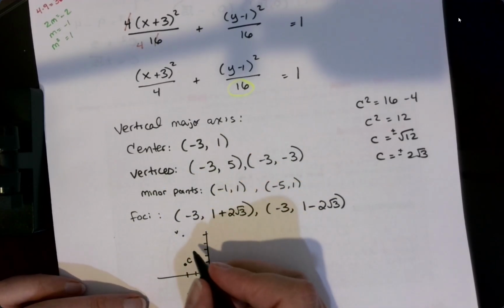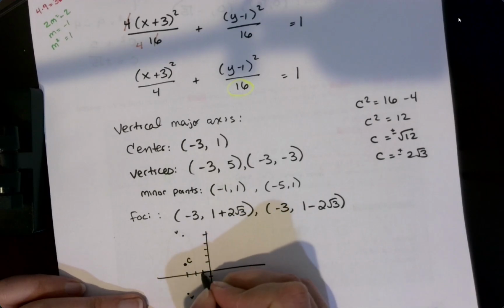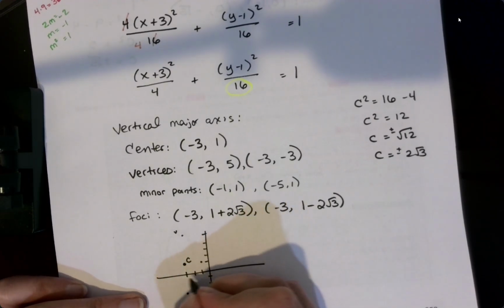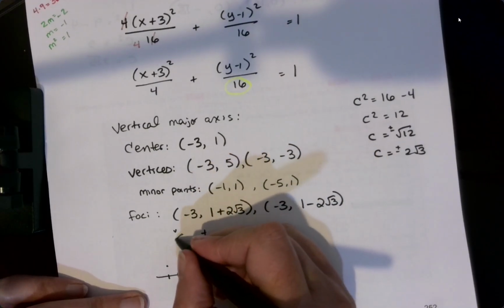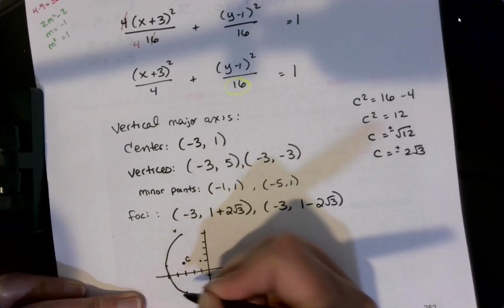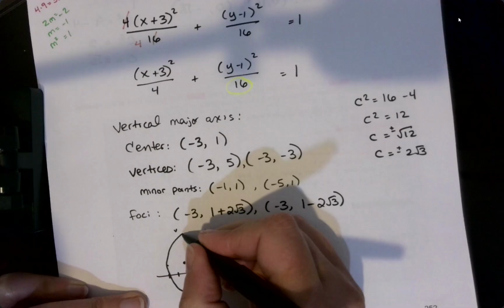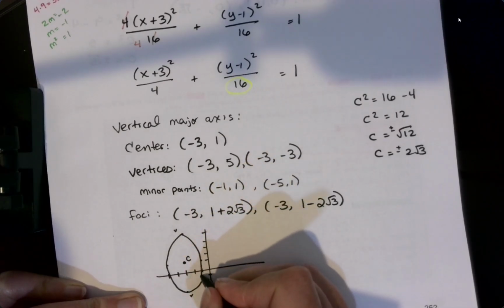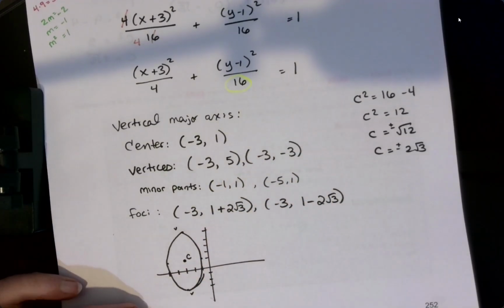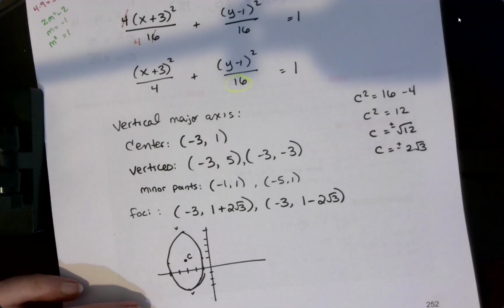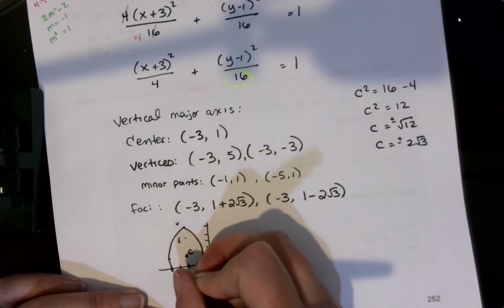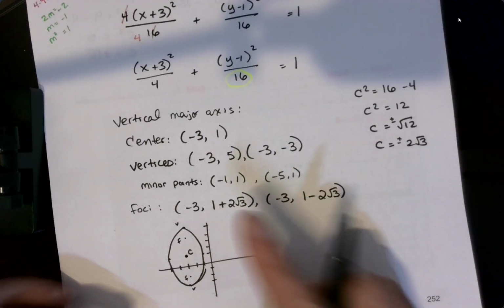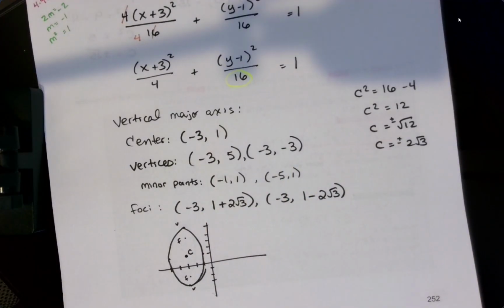My minor points are at -1, 1, and -5, 1. So these are the points that I can use to connect my ellipse to the best of our ability. And then we have our foci, which are just somewhere up in there. You can figure out decimals for those if you want to, but whatever 1 plus 2 square root of 3 is where it's going to land.